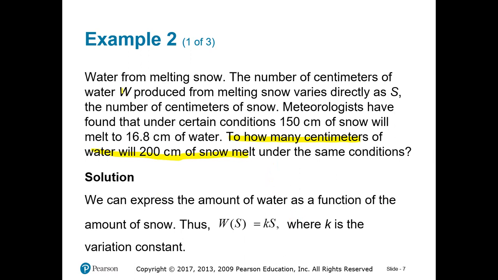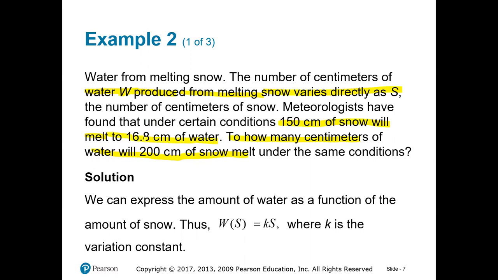They told us what W is. W is going to be the water produced from this melting snow. They said the water varies directly as S, the snow. So we know what those are. The meteorologists have found that under certain conditions, 150 centimeters of snow will melt to 16.8 centimeters of water.